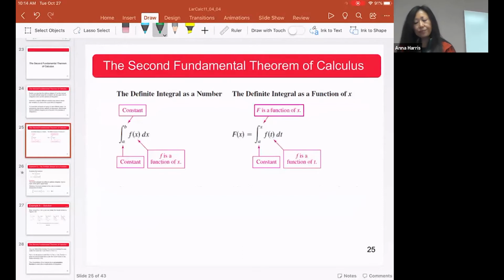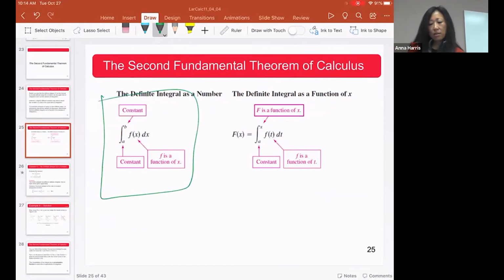So far we've been doing definite integrals using the first fundamental theorem of calculus. This is what we use: a constant as the lower limit and a constant as the upper limit, and my function is defined by f of x. But now the second fundamental theorem of calculus, it's changed.